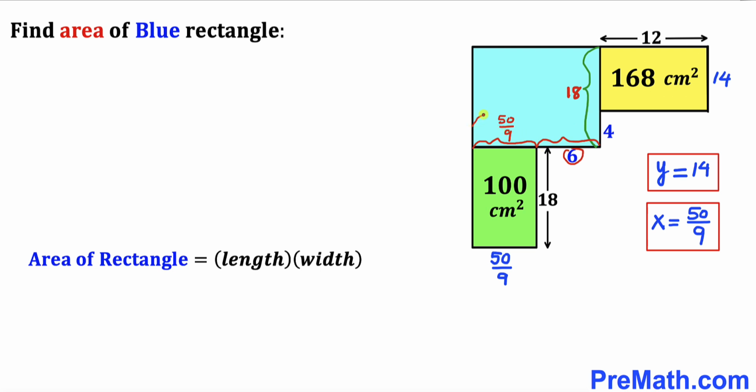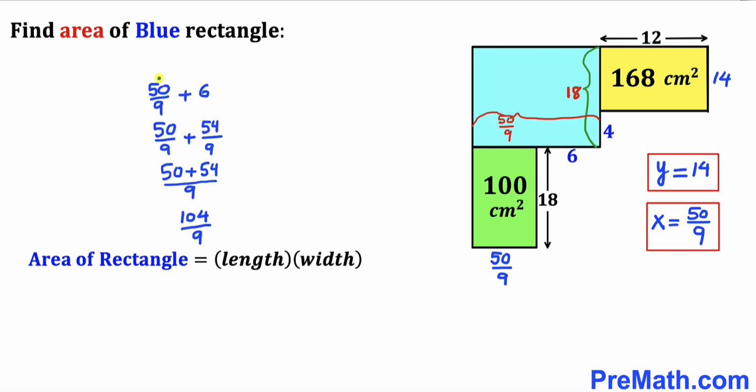So therefore this whole side length is going to be 50 divided by 9 centimeter plus 6 centimeter. And here I have copied down this 50 divided by 9 plus 6. If we add these numbers, we are going to get 104 divided by 9 centimeter. So therefore this whole side length of this blue rectangle turns out to be 104 divided by 9 centimeter.